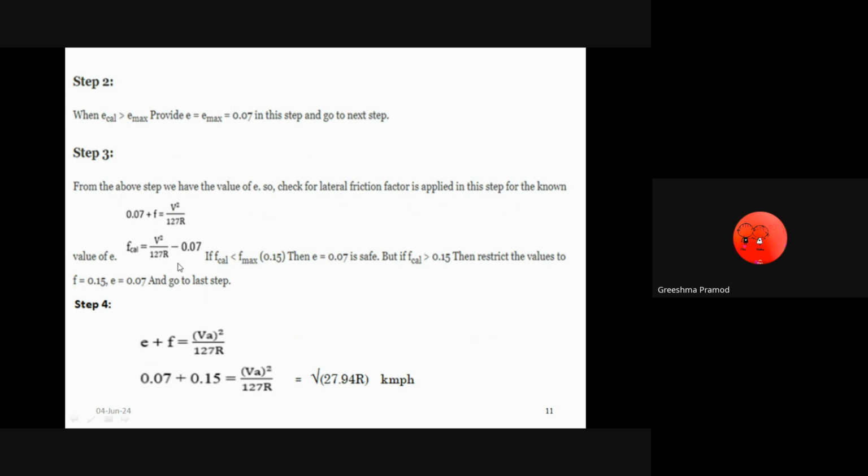We can stop here. Or if it is greater than 0.15, you need to find the allowable speed in the next step.